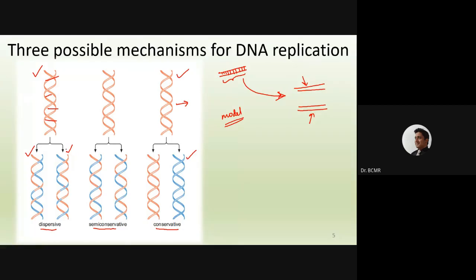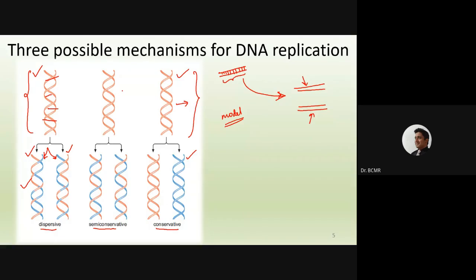That's called dispersive. This is a way of describing what is happening to the parent molecule. When you say conservative, that means the parent molecule remains as such. When you say dispersive, the fragments of the parent molecule are dispersing to the two new daughter molecules as shown here.